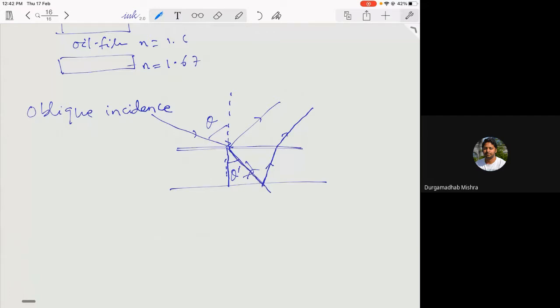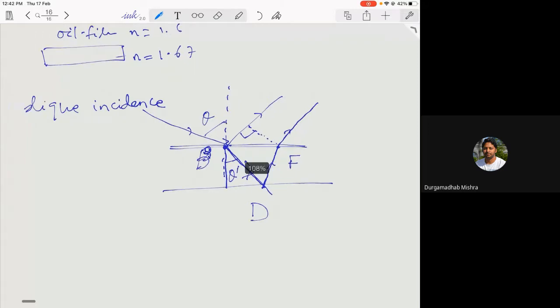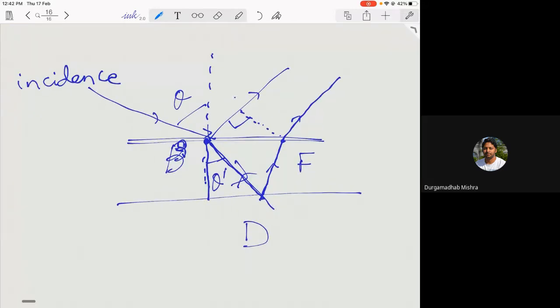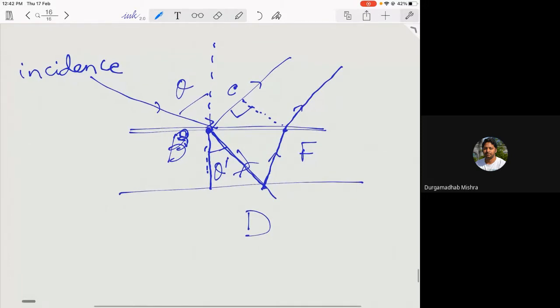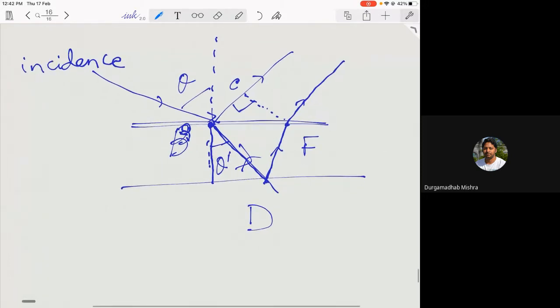So the extra path traveled by this one is, let's say this point is B, this is D, this point is F, and then I put a perpendicular here that I call C. So I can calculate the path difference between two rays, which will be: delta is equal to BD plus DF minus BC.